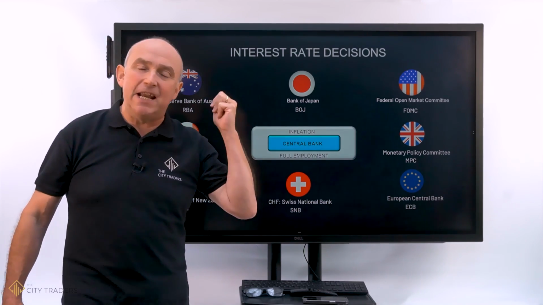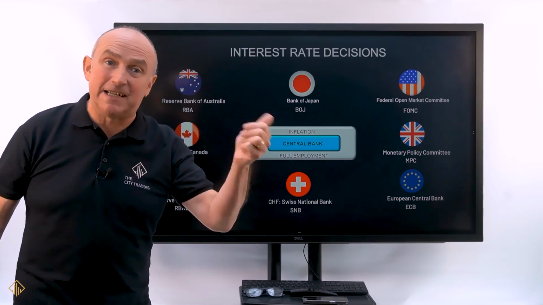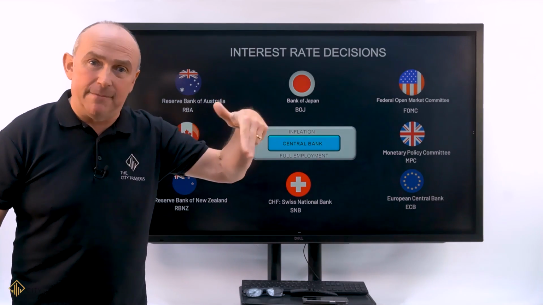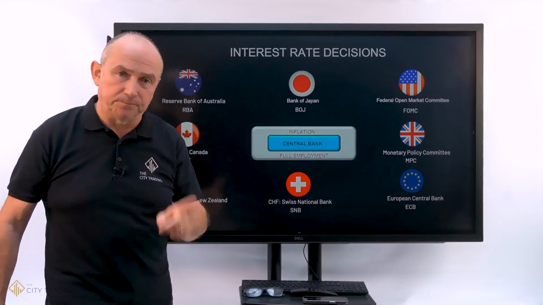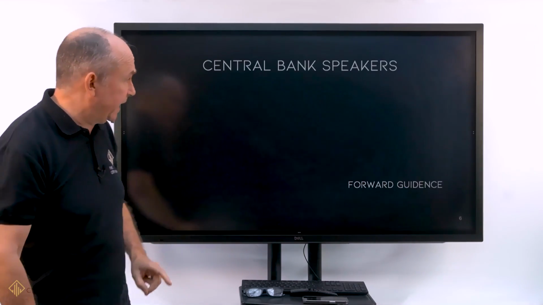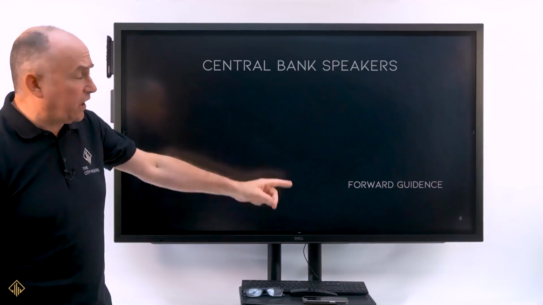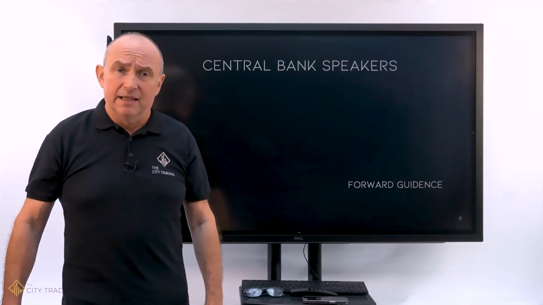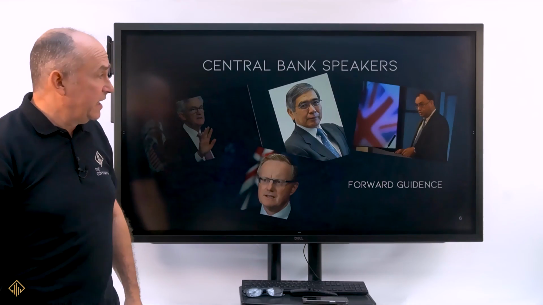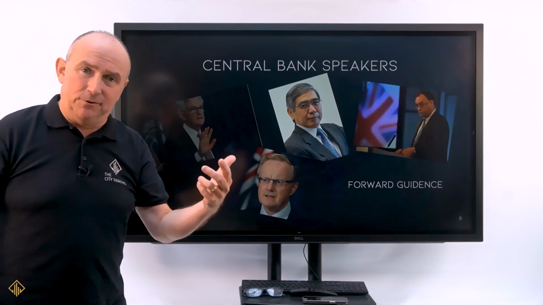So it's not only the news release and the actual interest rates, but it's also the follow-on statement and the Q&A that you need to be paying attention to. And the other thing you need to consider is the forward guidance policy that they all seem to have these days. That's basically giving us guidance before the actual event.